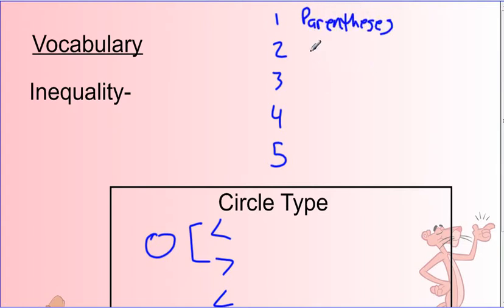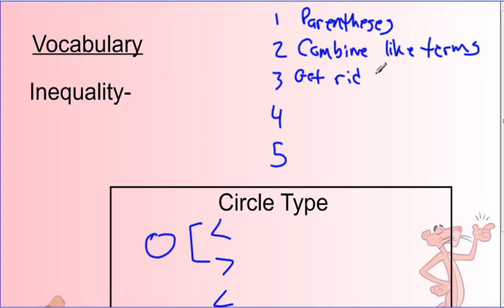Then, on each side, you combine like terms. Then, if you have the same variable on both sides of the problem, get rid of the one on the right. So get rid of right variable.